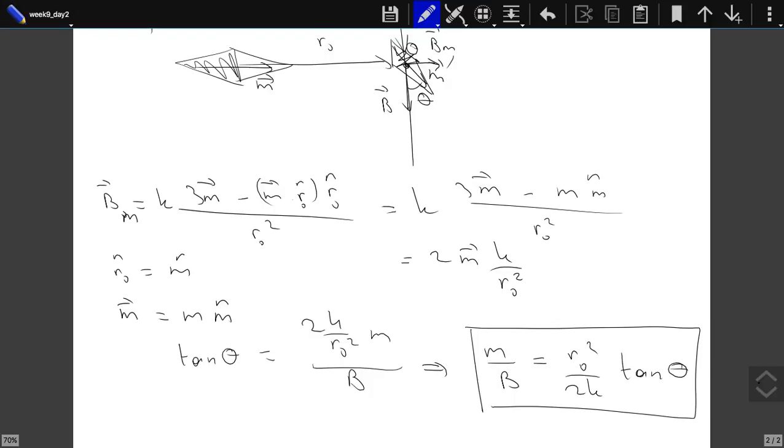So by just measuring that angle theta, we already know this distance R0. We can just measure it. Assuming we know what K is, then we can determine M over B.